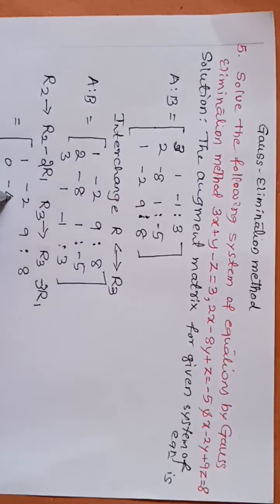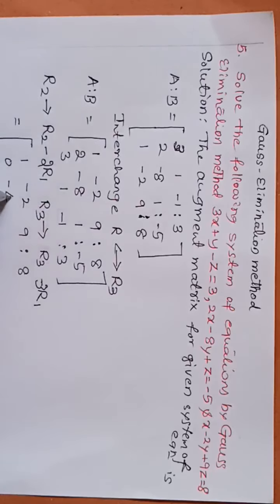Next 1 minus 18, so minus 17. Next minus 5 minus 16, so it becomes minus 21.